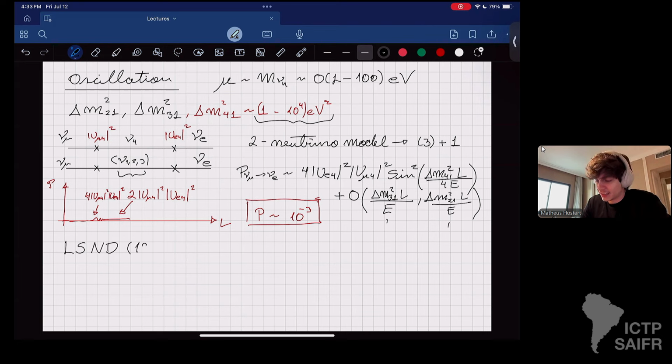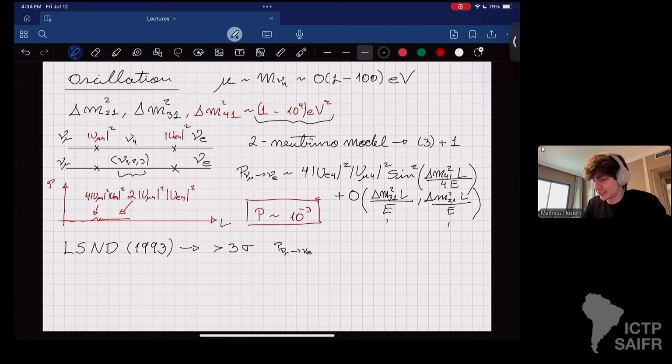Back in 1993, which was the year I was born, the LSND experiment basically saw something that was over 3 sigma significant, consistent with a nu mu to nu e probability.